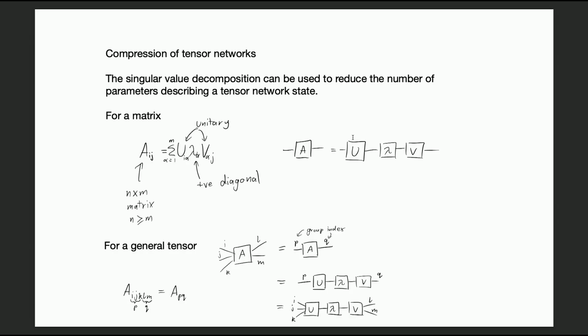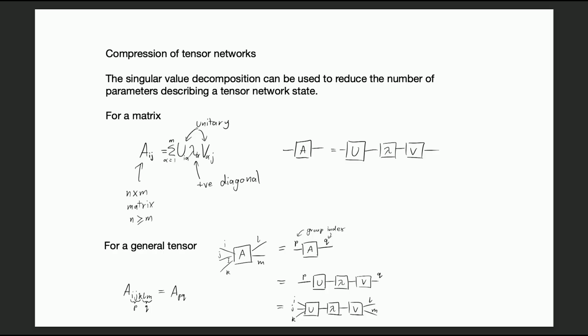To draw this graphically, it would look something like this. You can apply this singular value decomposition not only to matrices with 2 indices, but to any tensor which has 2 or more indices. But you have to choose which indices correspond to the rows and which correspond to the columns.